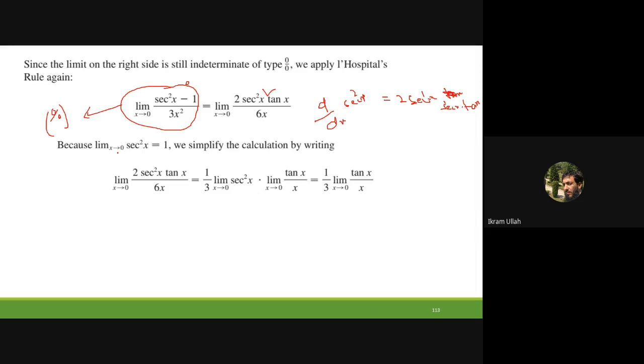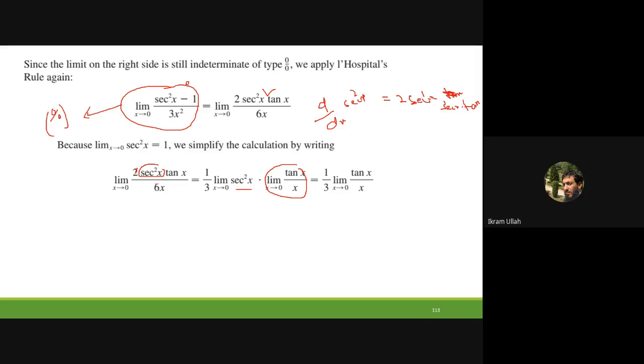Now the limit as x approaches 0. We simplify the calculation by writing 2 secant squared x times tangent x over 6x, applying the limit to the secant part and then to tangent x over x; the 2 and 6 give 1 by 3.